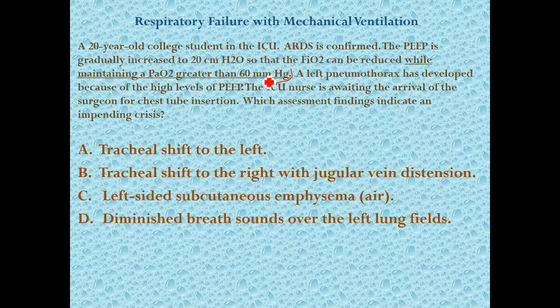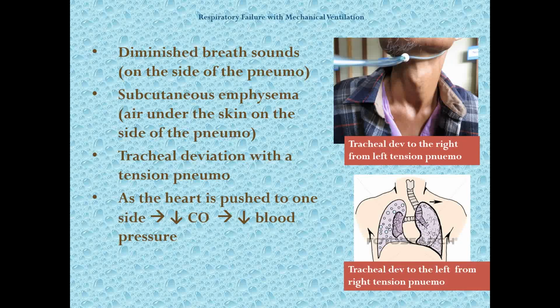The next concept is a pneumothorax has developed. So what are we talking about with a pneumothorax? I'm going to skip over to this picture. When you have a pneumothorax, that just means that our party balloon has popped. So the alveoli, one or several of them, have popped because of the high pressure of PEEP.